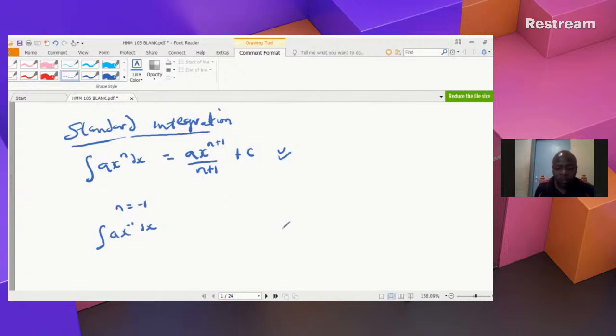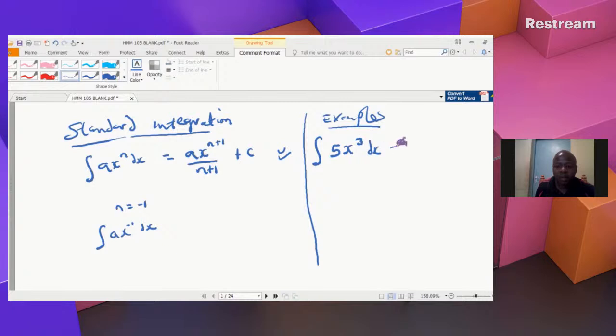I just want to look at a few examples before we generalize this. We begin with the easy examples. For example, if you're given to integrate 5x raised to 3 dx, we know that 5 is a constant, so we just write it.